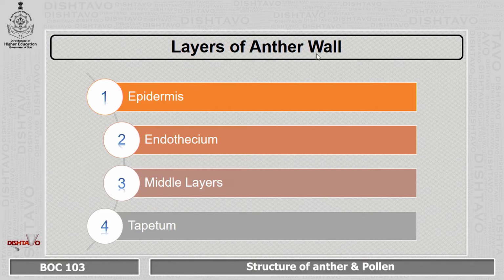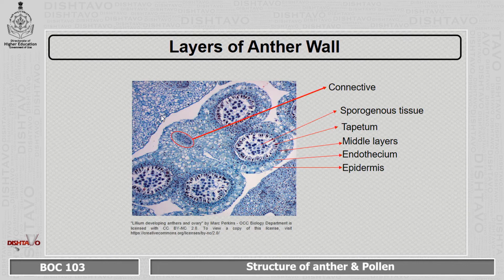Coming to the layers of anther wall. Anther wall is made up of a total of 4 layers. First one, epidermis, which is outermost, endothecium, middle layer and tapetum. In this image I have shown the various layers of the anthers.